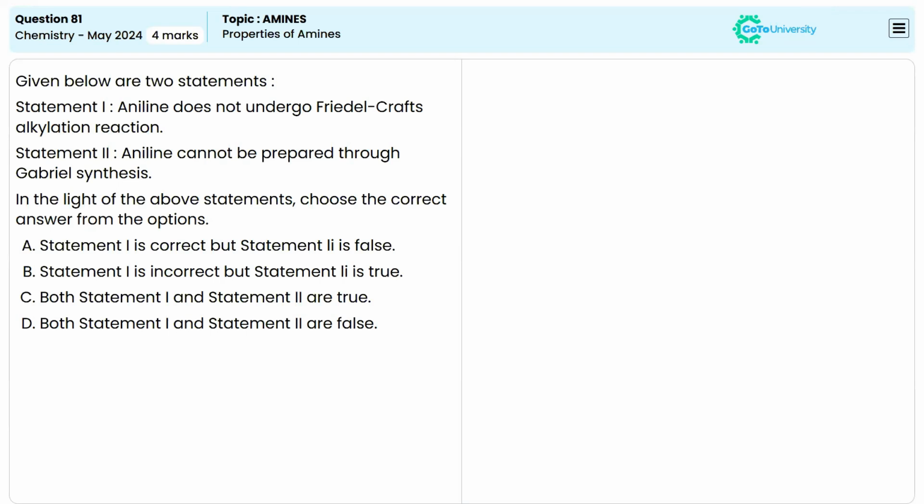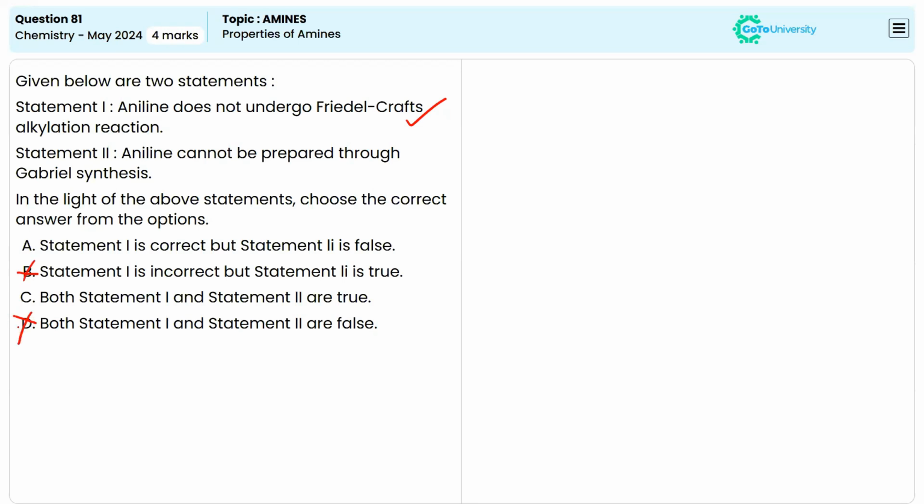Okay. So what about this reaction? See, what about the statements? Aniline does not undergo Friedel-Crafts reaction, alkylation. This is a true statement because we already explained it, right? Next one, aniline cannot be prepared through Gabriel synthesis. So we can ignore option B and option D, right?